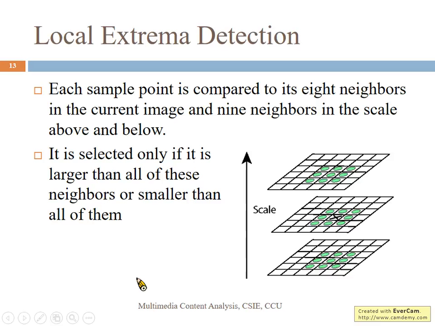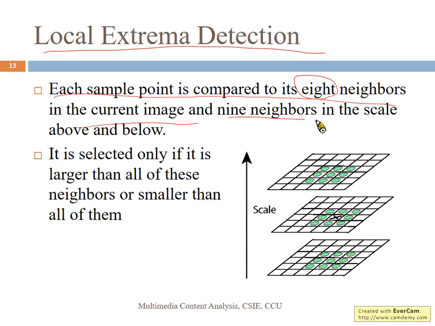And then the next important step is the local extrema detection. Each sample point is compared to its 8 neighbors in the current image and the 9 neighbors in the scale above and below. For example, for this pixel, we will compare the intensity value, actually the difference value, of this pixel with its 8 neighboring pixels, and also with the 9 neighboring pixels in the adjacent scale, these 9 pixels and also these 9 pixels.